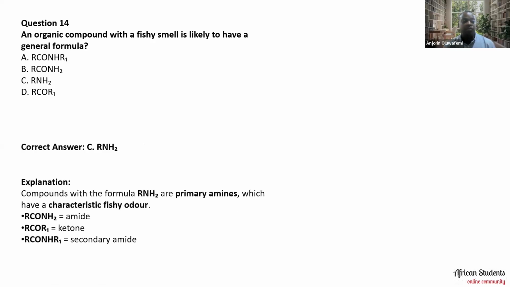Compounds with the formula RNH2 are primary amines, which have a characteristic fishy odor. RCONH2 is an amide, so that's not the answer. RCOR1 are ketones, and RCONHR are secondary amides, so that's not it. So the suitable answer there is RNH2, which are primary amines.